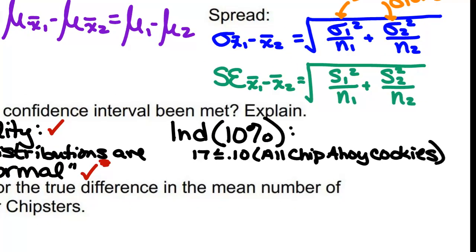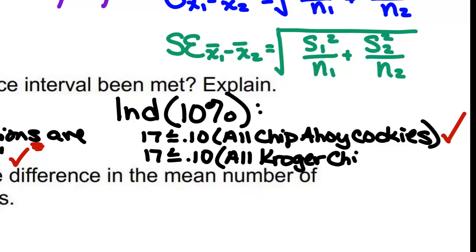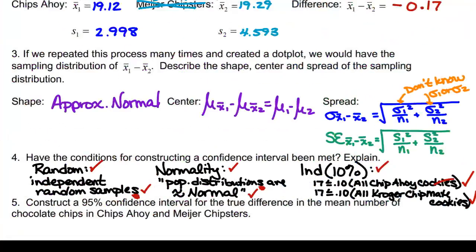Do you think there's at least 170 Chips Ahoy cookies? I would think so. There we go. And how many of the Kroger cookies did we sample? Also 17. 17 is less than or equal to 0.10 of all Kroger Chipmate cookies. At least 170 Chipmates. Yeah, that's pretty safe. So yes, we've met our conditions.